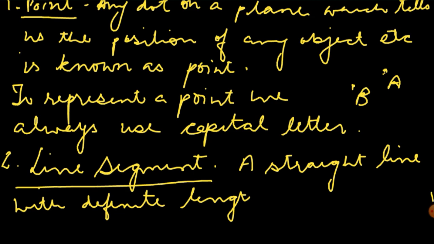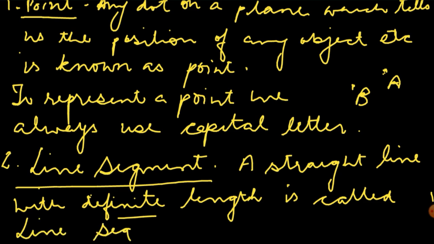Definite means fixed length. Okay, so definite means fixed length. A straight line with definite length is called line segment.